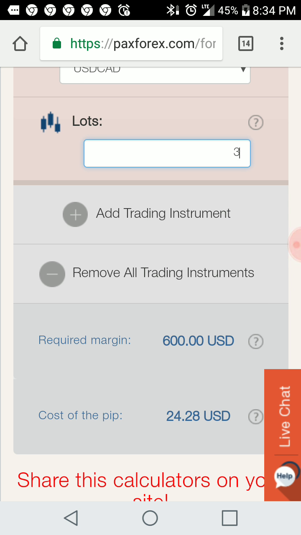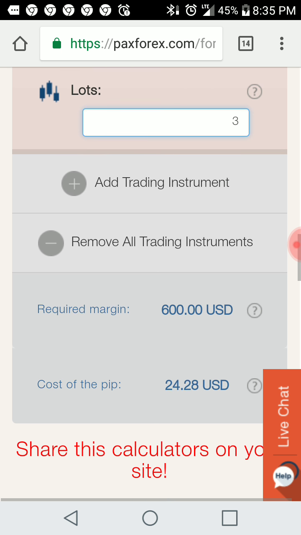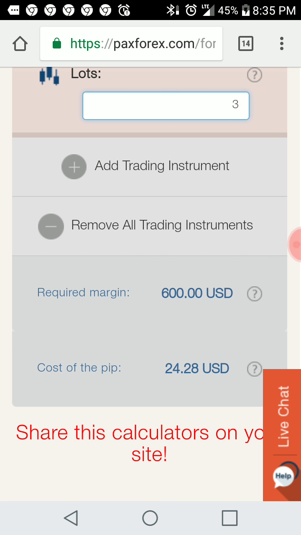So if you use a baseline 1 contract per lot, and you have three, that gives you three lots that you're running. For that, you will need $600 even in margin, but that will give you $24.28 a pip, which is actually over what we need.